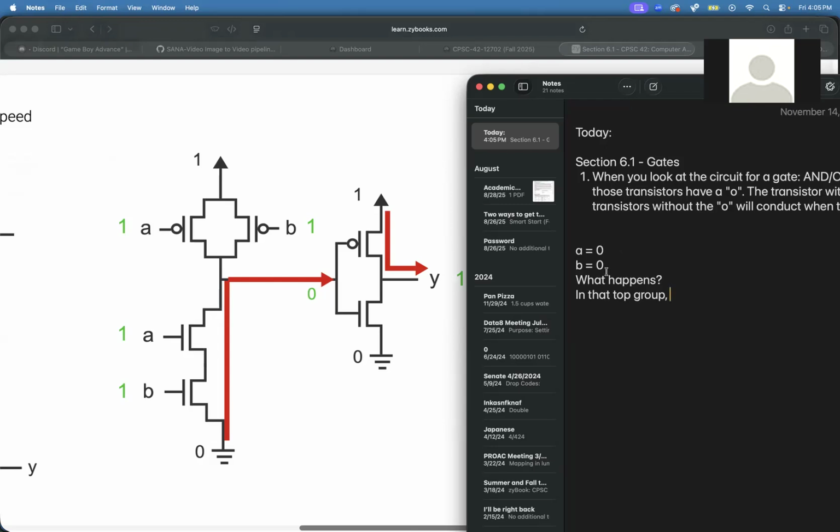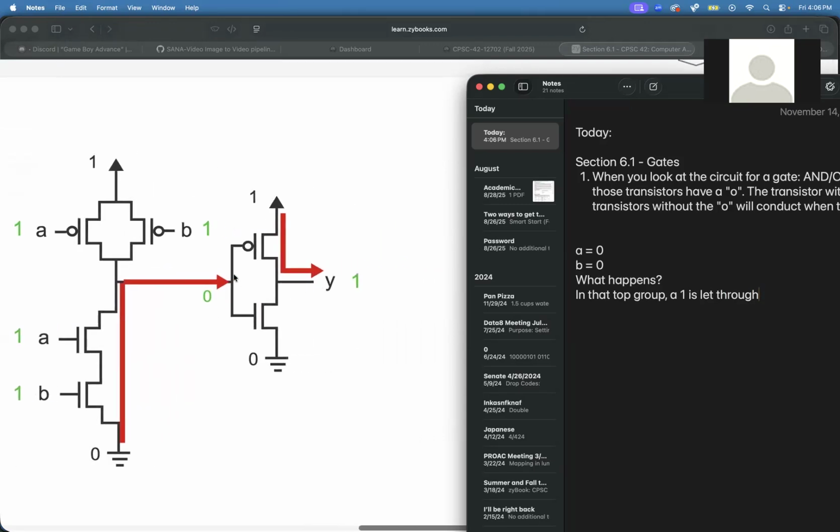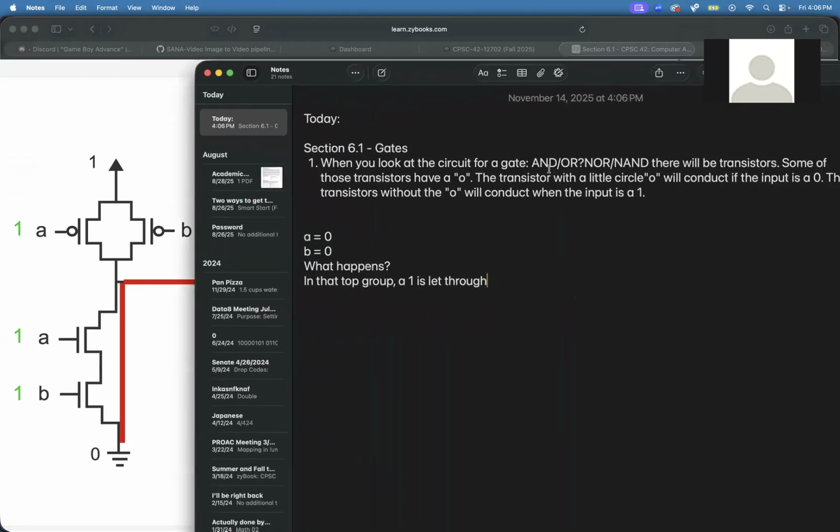So with A equals zero, B equals zero, where this zero is, we actually have a one. And the top group, A1, is let through, I'll say. It lets through the higher voltage. Okay. So then this is a one. And then if this is a one, well, there's a circle up here. There's no circle down here. According to our instructions here, if there's a little circle, it conducts if the input is zero.